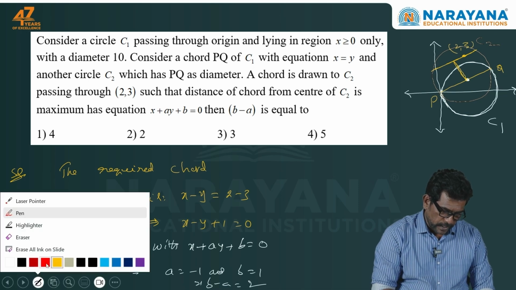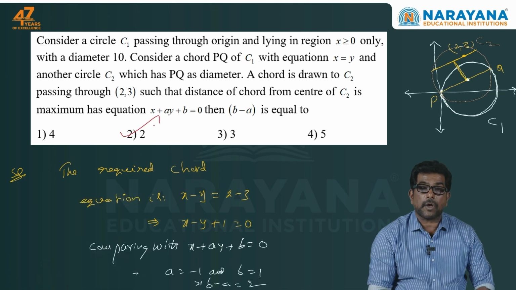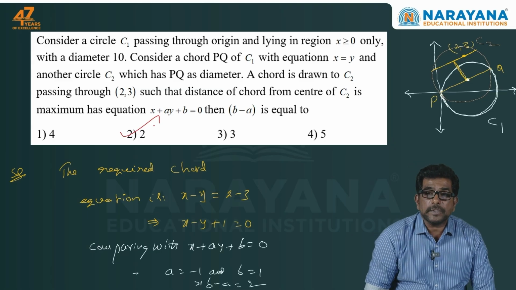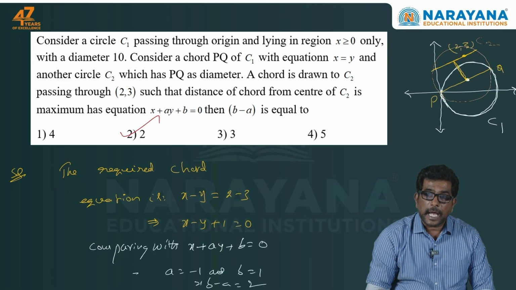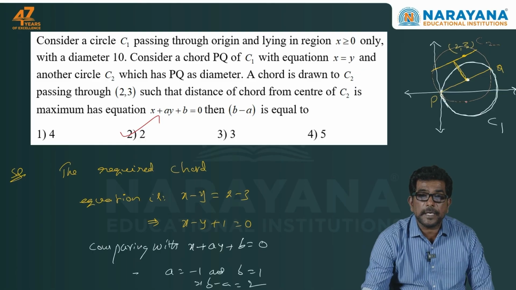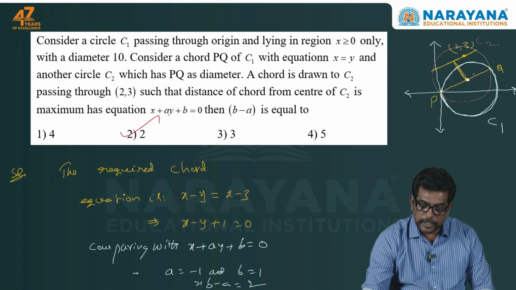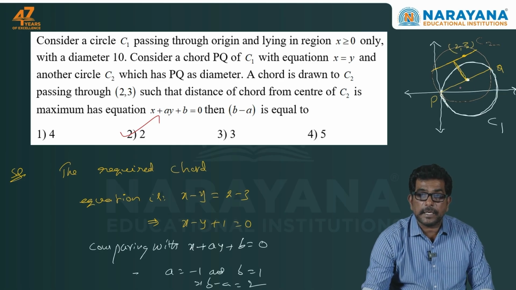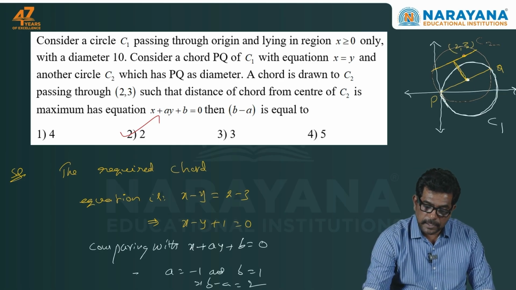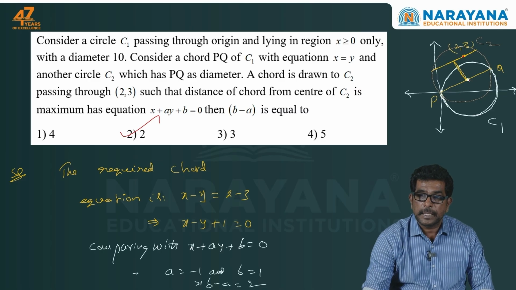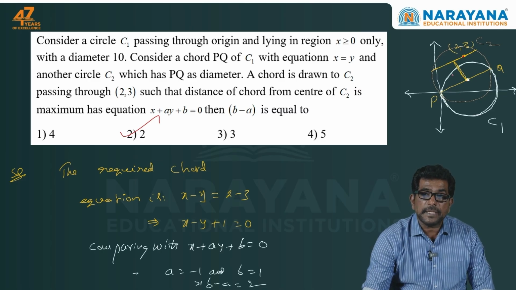The problem is a very logical problem. It is logical because the two circles are intersecting, and PQ, the chord PQ, is the diameter of the C2 circle, and the required chord is passing through the point (2, 3) and has the maximum distance from the center of C2.